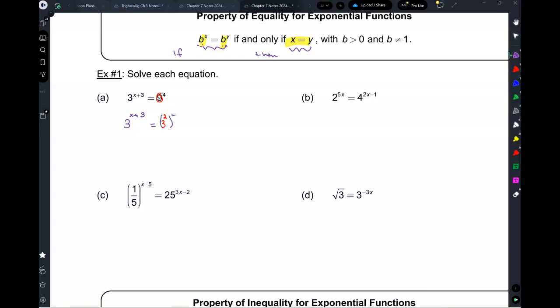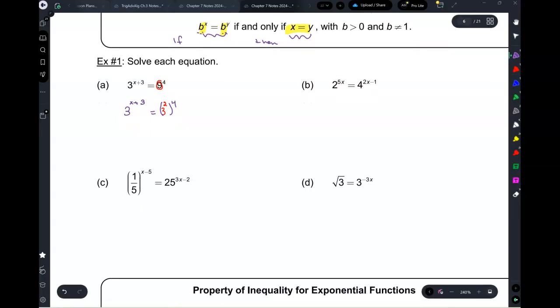This will be to the power of 4. So this is actually 3 to the power of 8. So now what I can do is set the exponents equal to each other. So I say, okay, x plus 3 is equal to 8, x is equal to 5, and that's my answer.